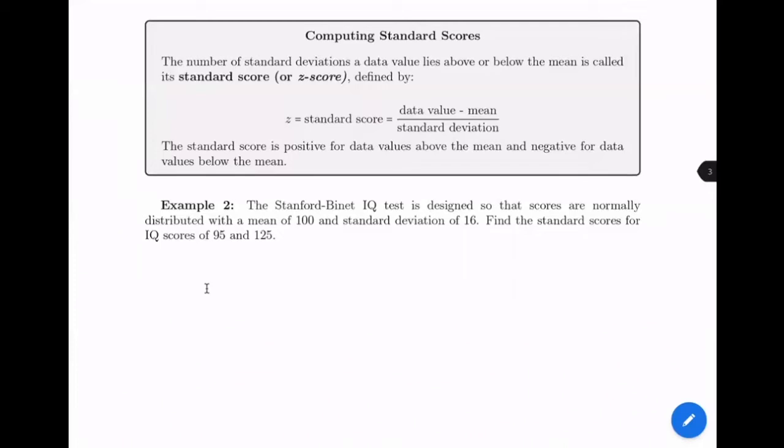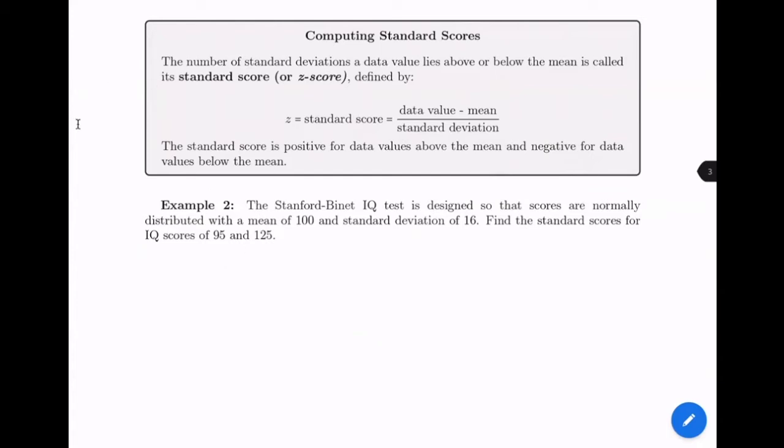The first question is, the Stanford Binet IQ test is designed so scores are normally distributed with a mean of 100 and a standard deviation of 16. Find the standard scores for IQ scores of 95 and 125.